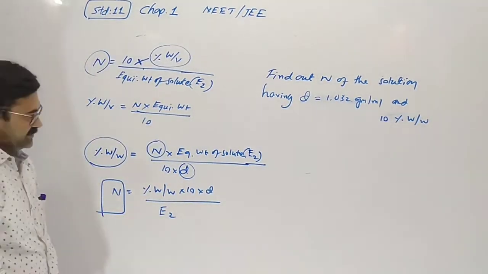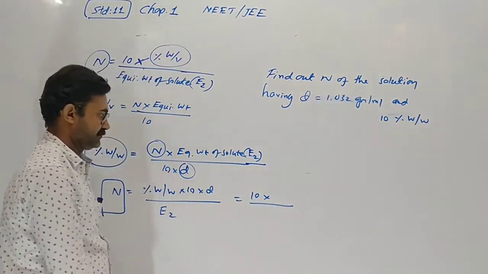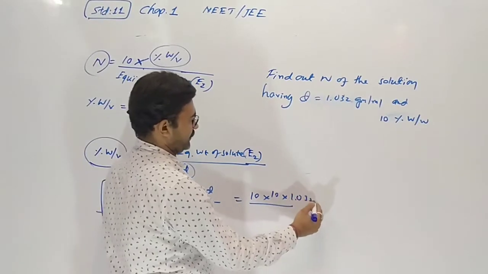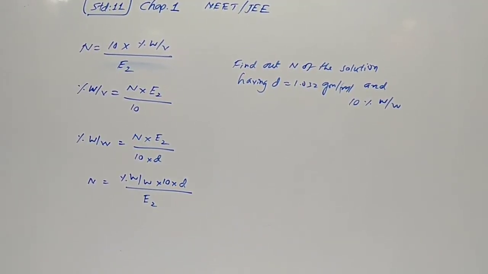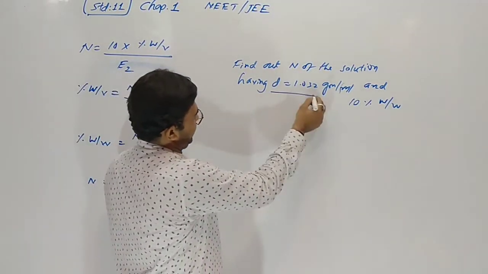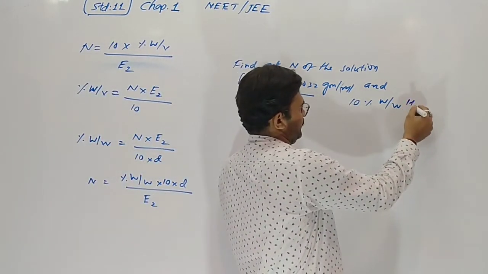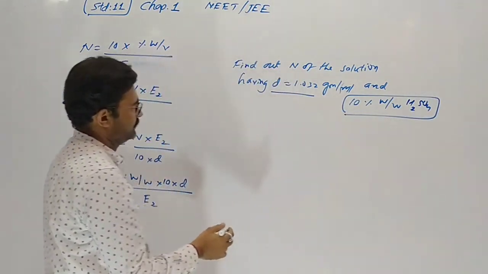So in this case, percentage weight by weight is 10, into 10, and the density. Now our question is like this: find out the normality of the solution having density 1.032 gram per milliliter, having 10% sulfuric acid.